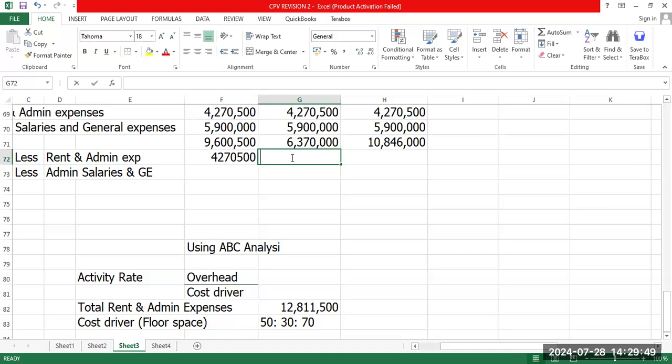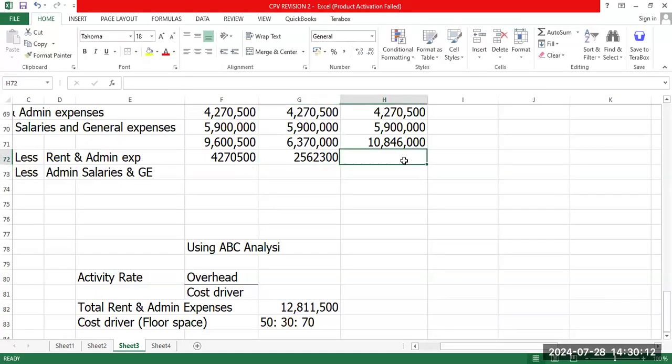You do the same for PS. The ratio is 30. I get 30 divided by the total floor space, which is 150. Then I multiply by the overall total.